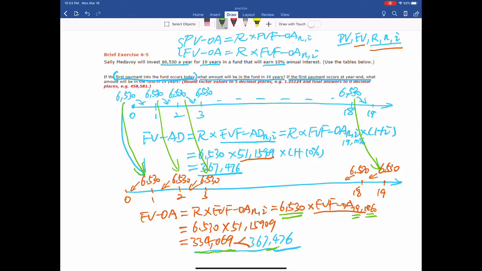The reason is that in an annuity due, the cash is paid or received earlier. So it can generate interest earlier, based on the concept of compound interest. It can keep accumulating interest earlier. That's why its value will be greater.